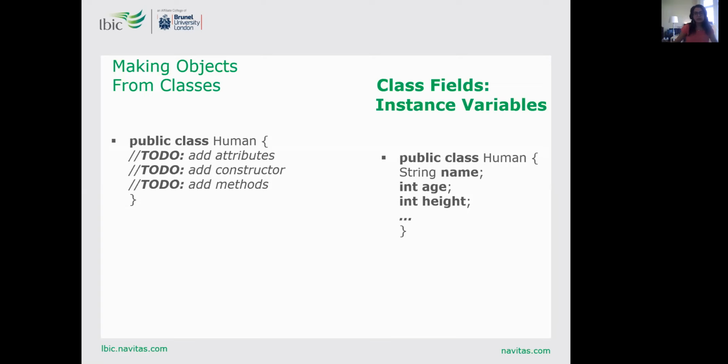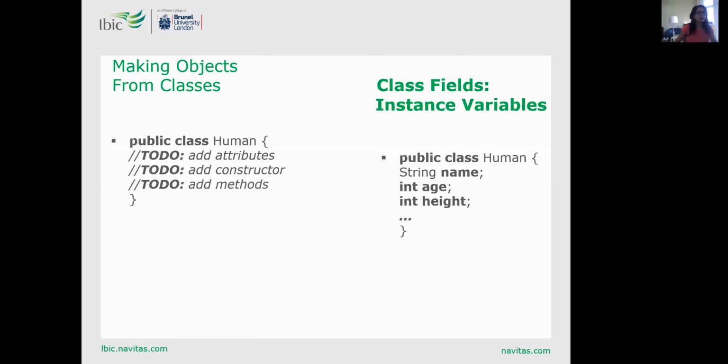We can create a class that defines the attributes and the behavior of a human or a person as an object. You can look at this particular example. To make an object from the class, the name of the class is going to be Human, and then we need to declare variables and assign some values to them, which are the attributes.